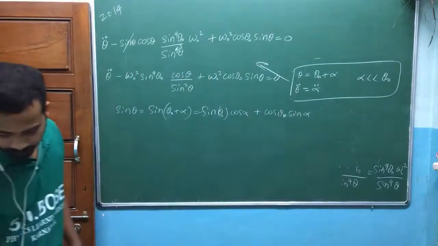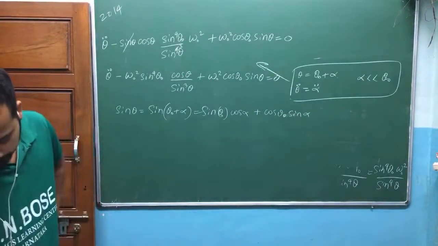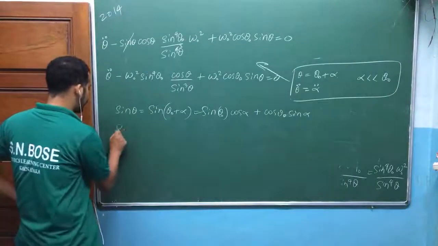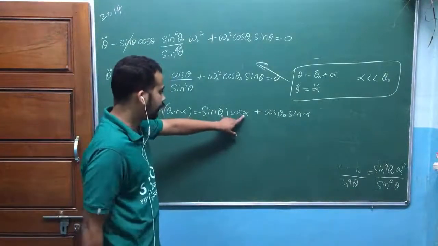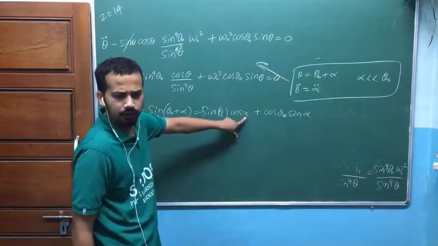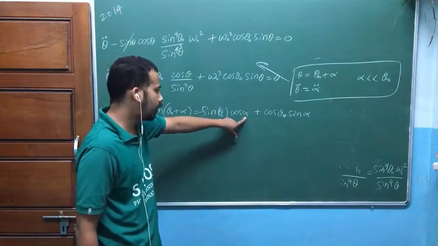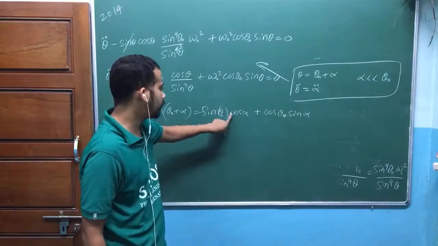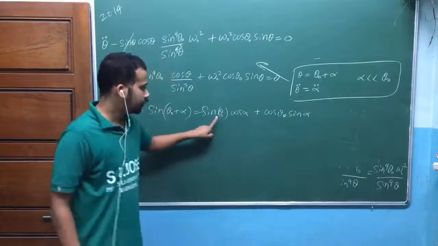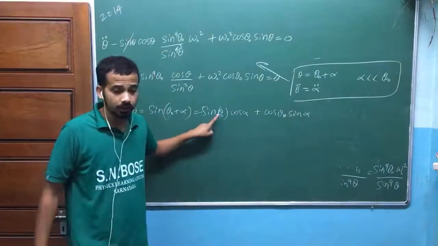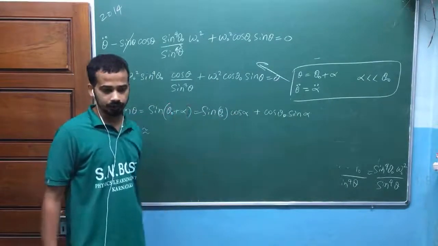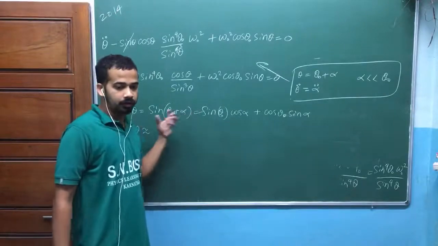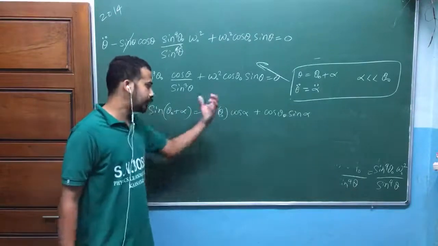When alpha is very small, sin theta can be written as nearly equal to, look here, cos alpha is nearly equal to 1. I have taken a very small value approximation here. Theta naught is not small, okay? Alpha is small. The deviation from theta naught is very small, I am just disturbing from theta naught, and that disturbance alpha is very small.